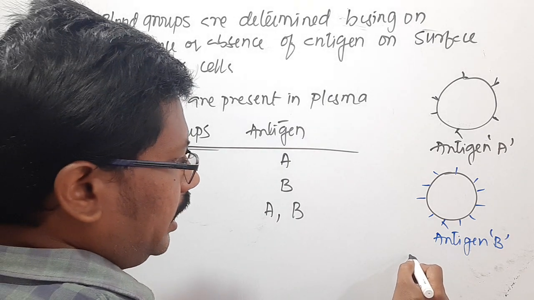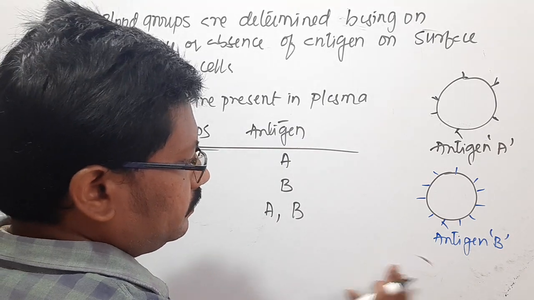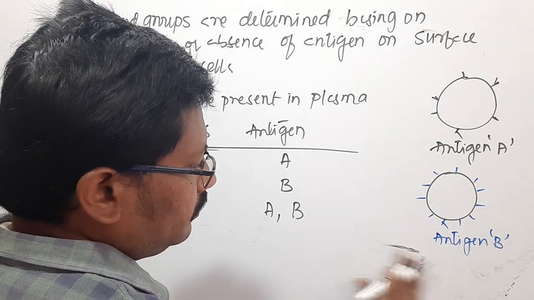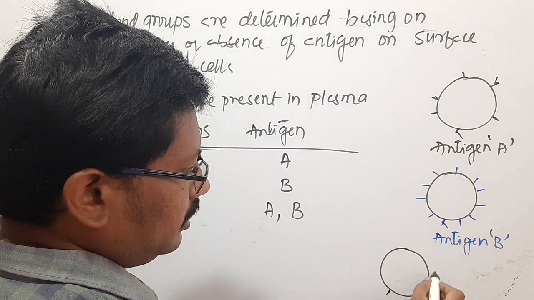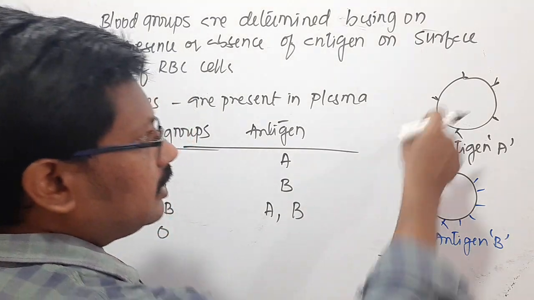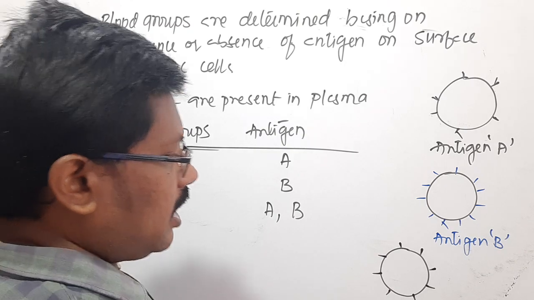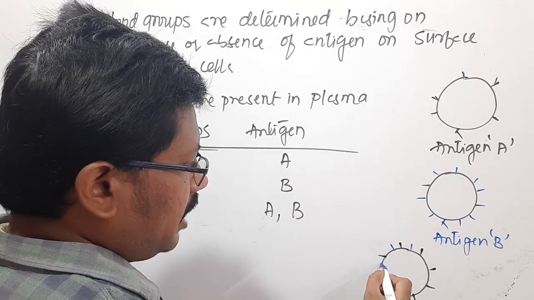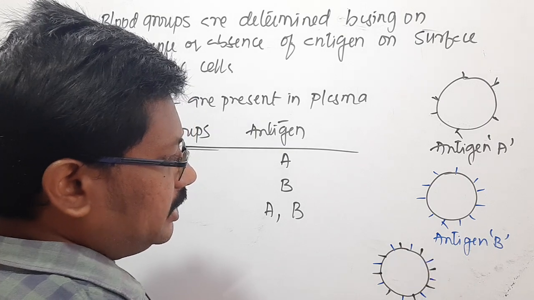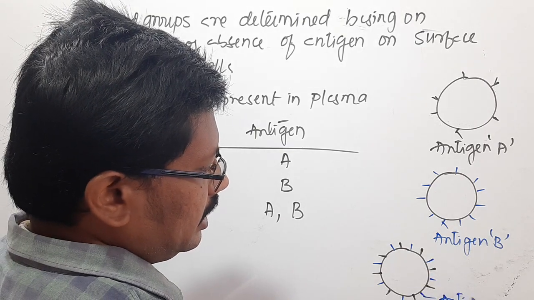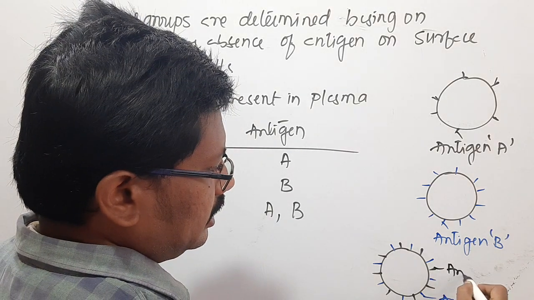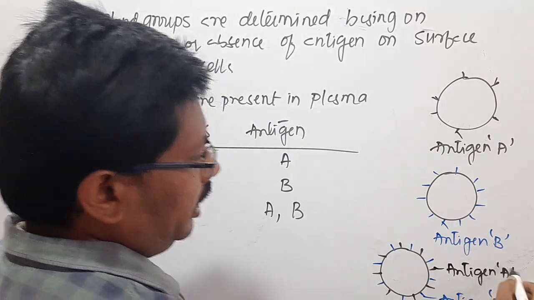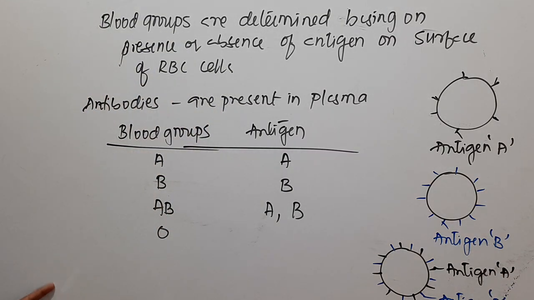In another case, this person has on his RBCs the A antigens, and also B antigens. So this is antigen B and this is antigen A. Hence the person is said to have AB blood group.